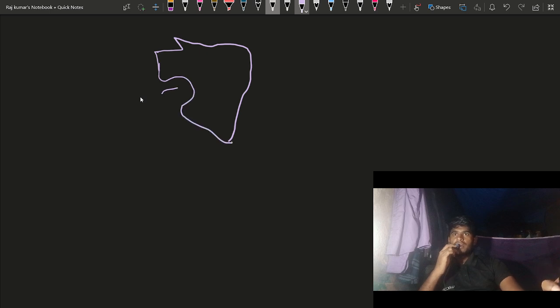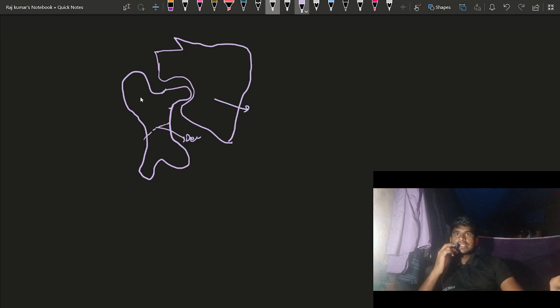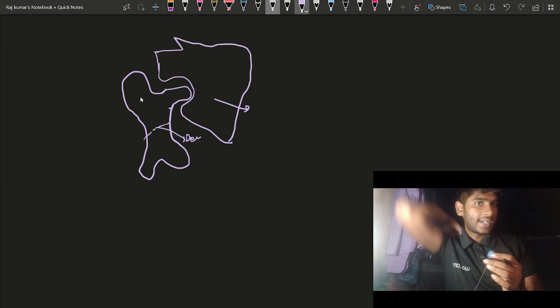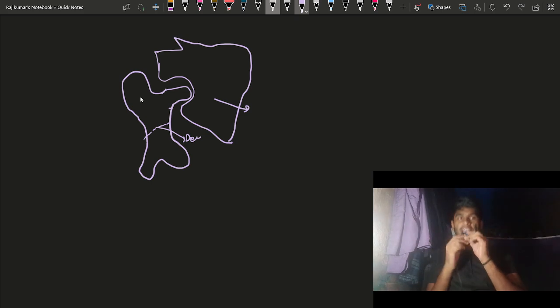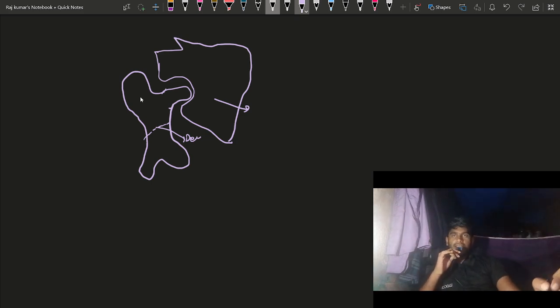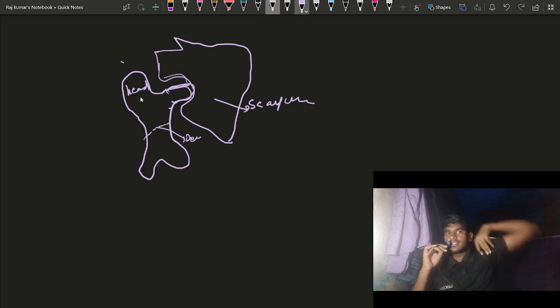Okay. So this is the head region. Here is the deltoid. This is the scapula. You see. So on the backside, when we do like this, some bone is outside, right? So that means this is the scapula. And this is the head region. You can see this ball-like structure attaches to our scapula, see this is a ball and socket, right?